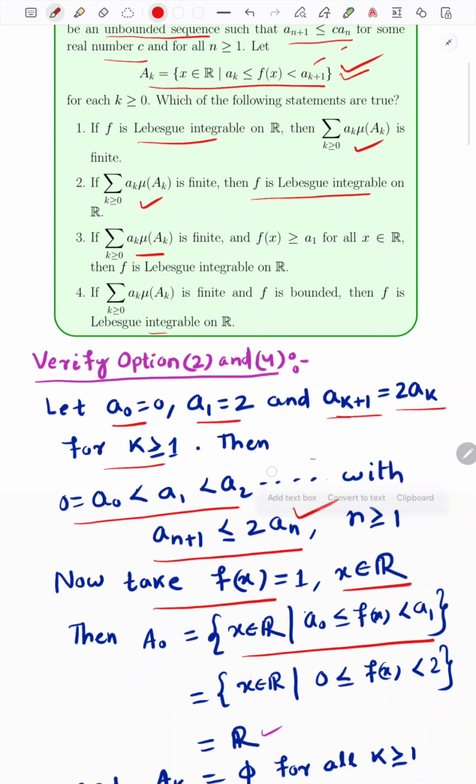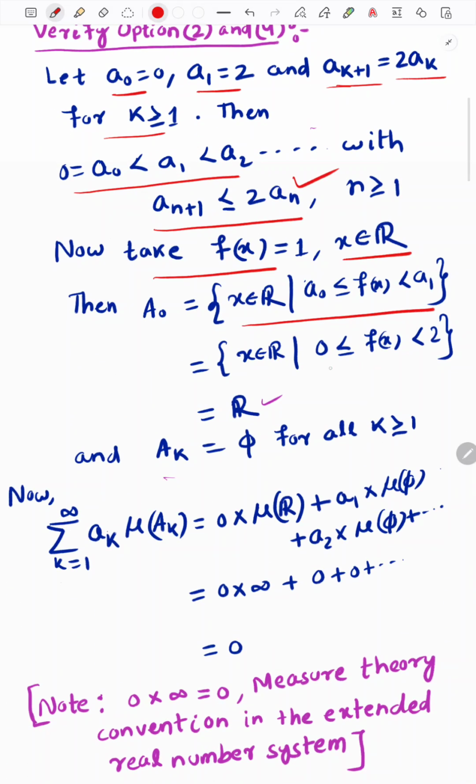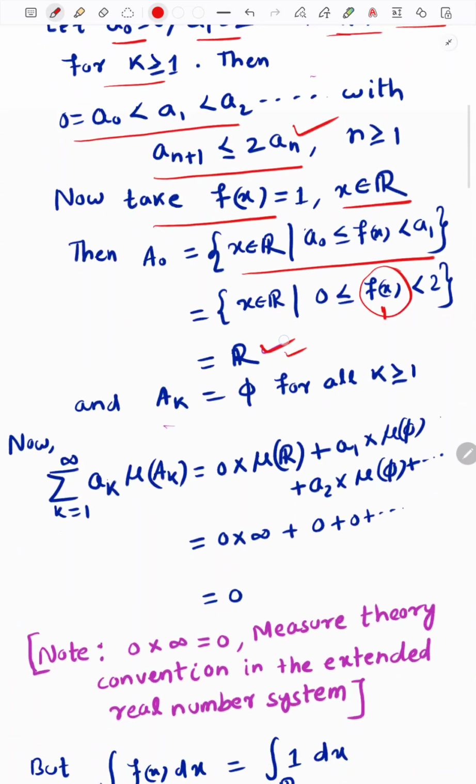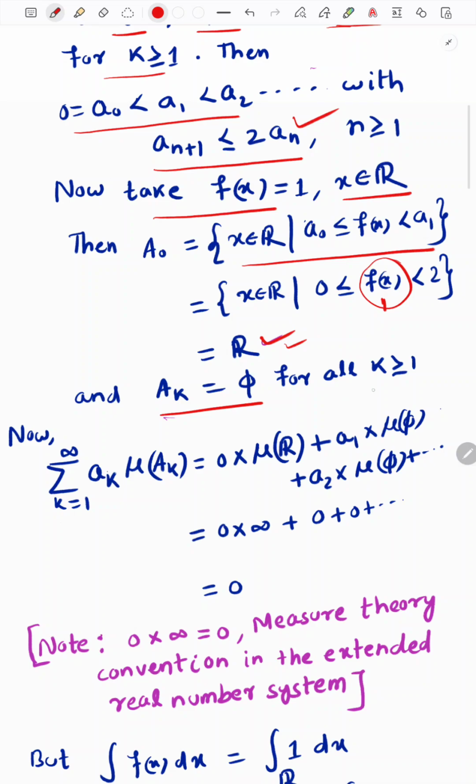If you calculate these things, this implies that x belongs to the real numbers with f(x) less than or equal to 2, but we know that f(x) equal to 1, so this relation is true for all x. It implies that it contains every real number, so A0 is equal to the whole real number set, and we know that these sets A_k are disjoint, so the rest A_k will be what? Phi for all k greater than or equal to 1.